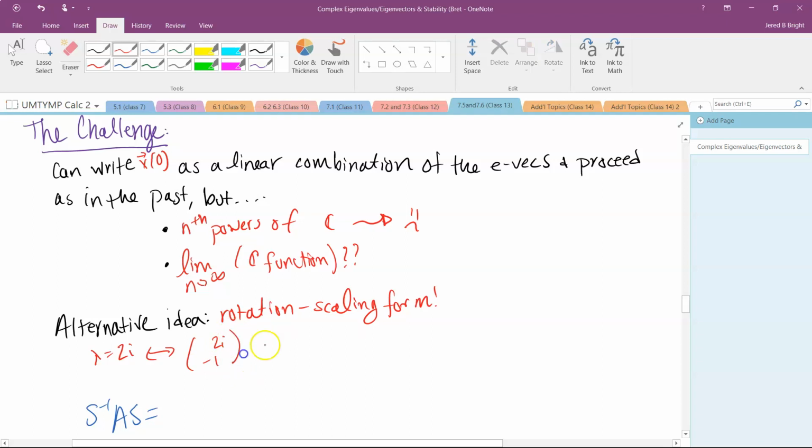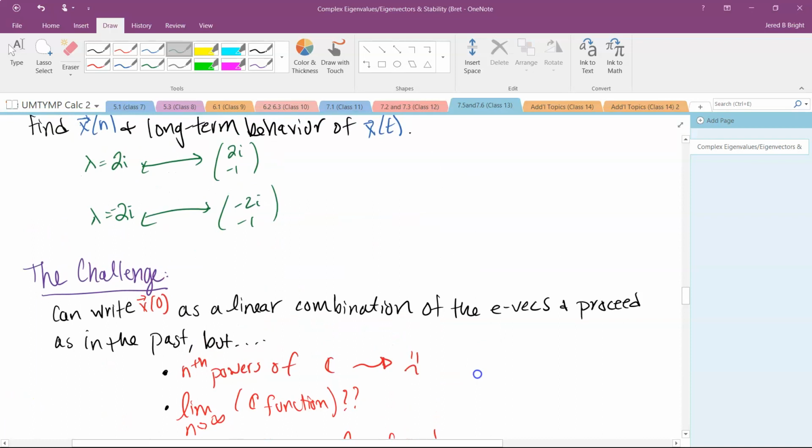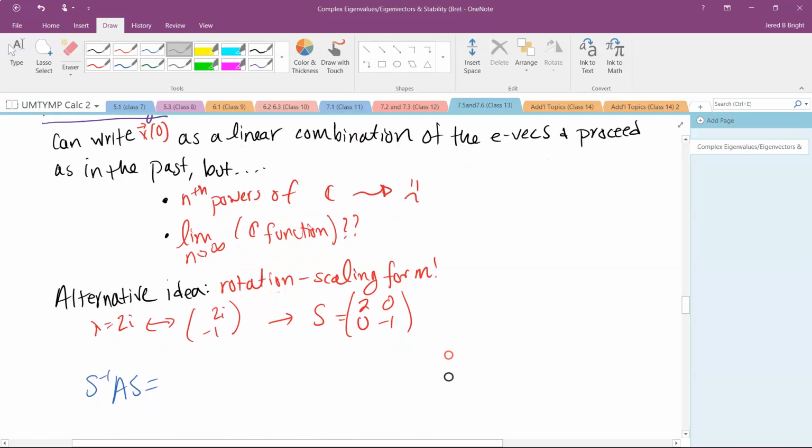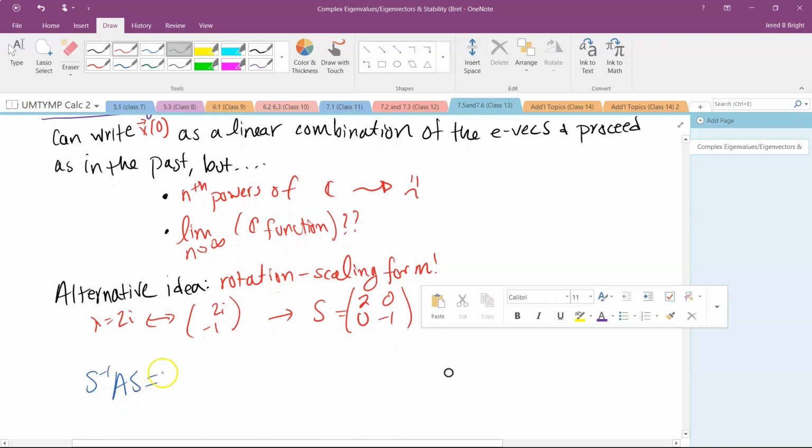So that means that S is 2, 0, 0, minus 1. Wait, hold on, I have this backwards. Actually, I'm just kidding, because that's correct. That's what I wrote down: 2i minus 1, 2i minus 1, and then imaginary and real. Okay, we're good.